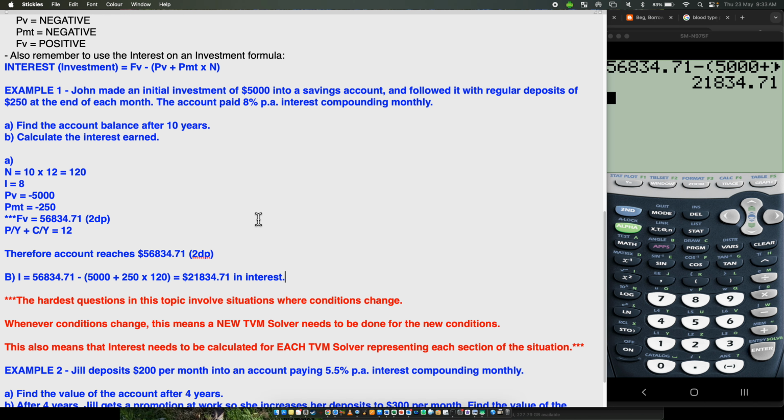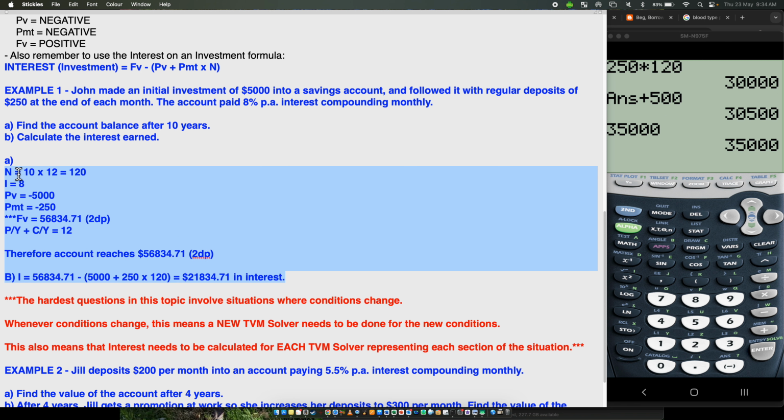Although if you work out how much money he put in there in the first place, how much money did he actually chuck in there? 250 times by 120, add 5,000, sorry, $35,000. It's still not bad. You put 35 grand in and then after a while you're getting 56 grand. You didn't have to do anything for that. Okay? Can you get that example down, please?